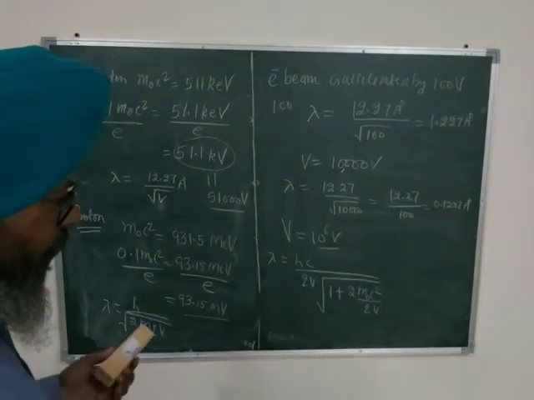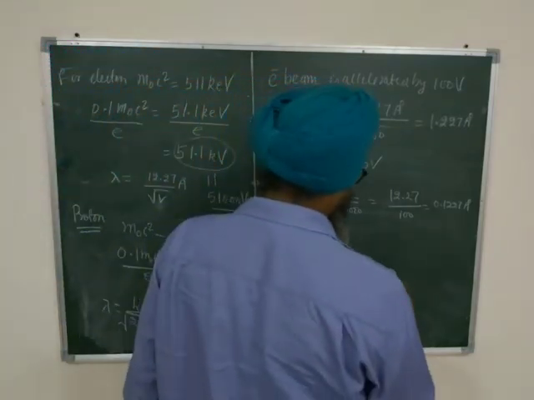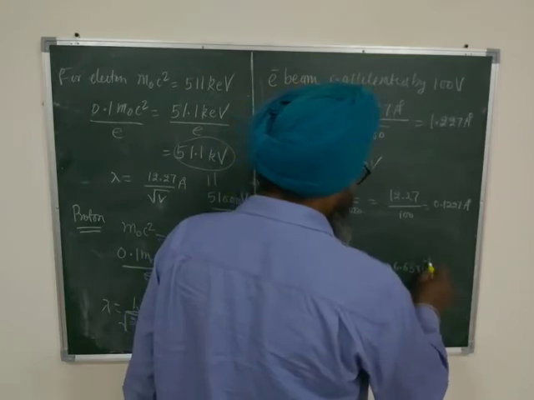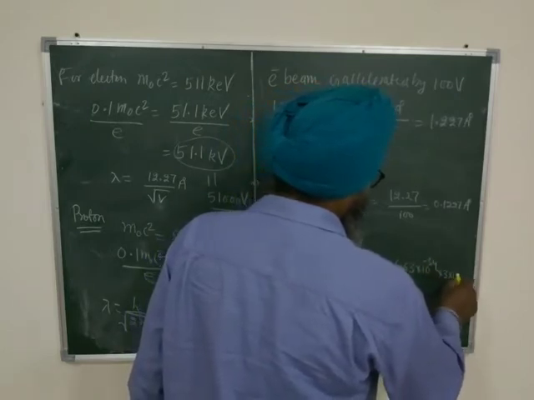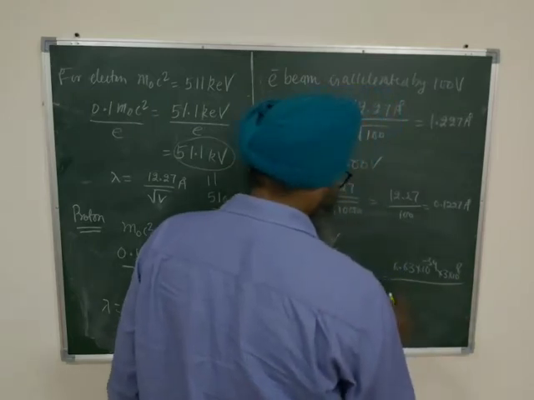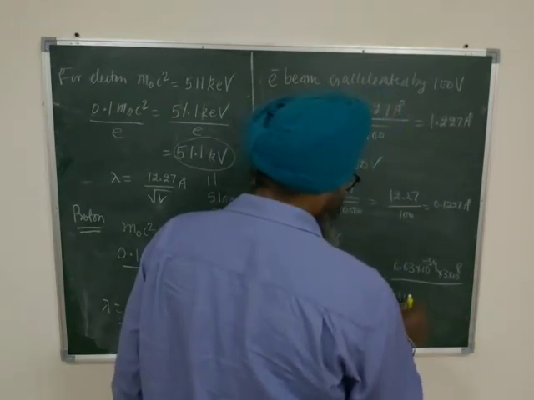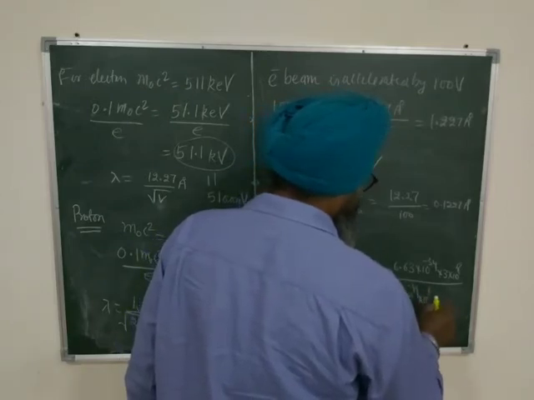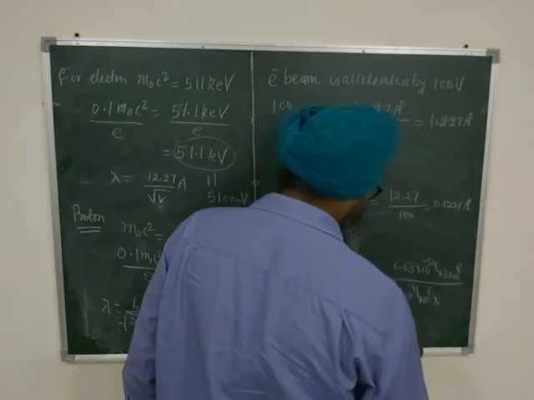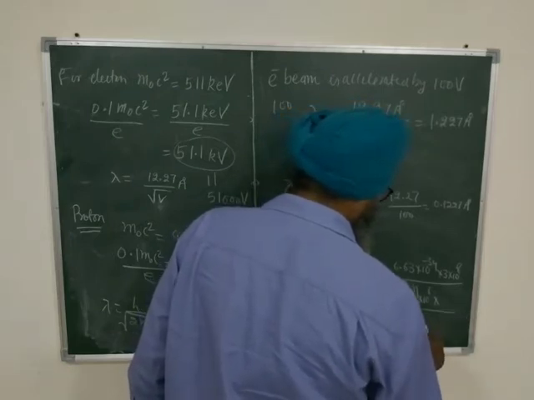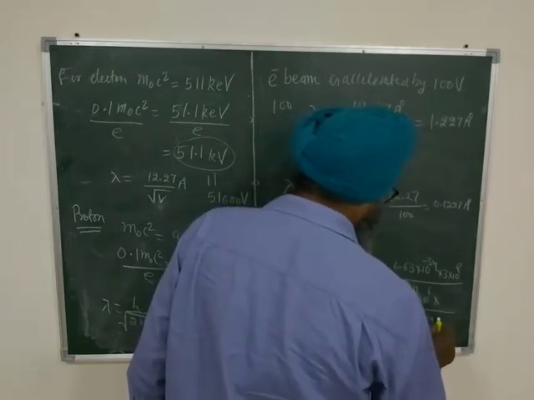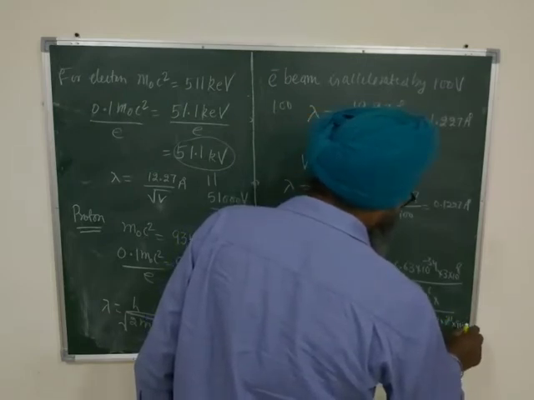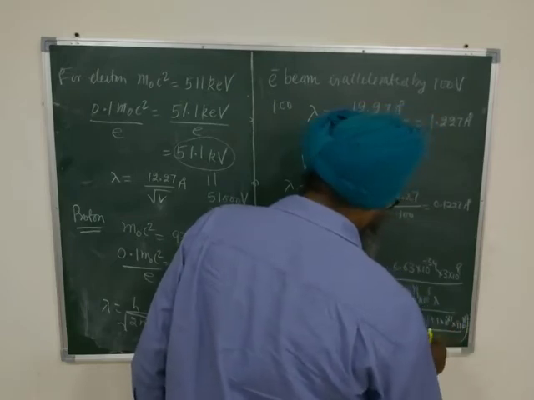Now we must put the values here to get the final answer. 6.63 into 10 raised to power minus 34 into 3 into 10 raised to power 8 divided by q is 1.6 into 10 raised to power minus 19, v is 10 raised to power 6, and multiplied by square root of 1 plus 2 m naught is 9.1 into 10 raised to power minus 31 and c square is 9 into 10 raised to power 16 upon qv.